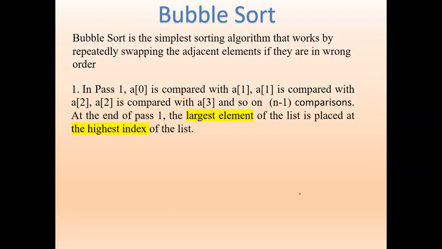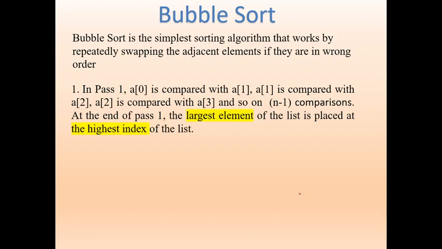For example, if you have 5 elements in the input, it needs 4 passes, n-1 passes. In the first pass, the first element will be placed in its correct position. The second element will be placed in its correct position in the second pass. The third element will be placed in the third position.